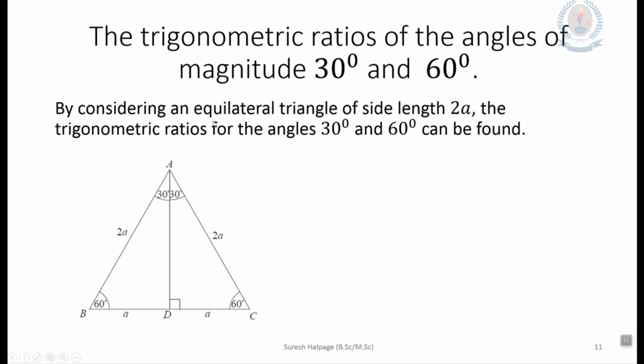By considering an equilateral triangle of side length 2a, AB equals 2a, AC equals 2a, BC equals 2a, the trigonometric ratios for the angles 30 degrees and 60 degrees can be found.